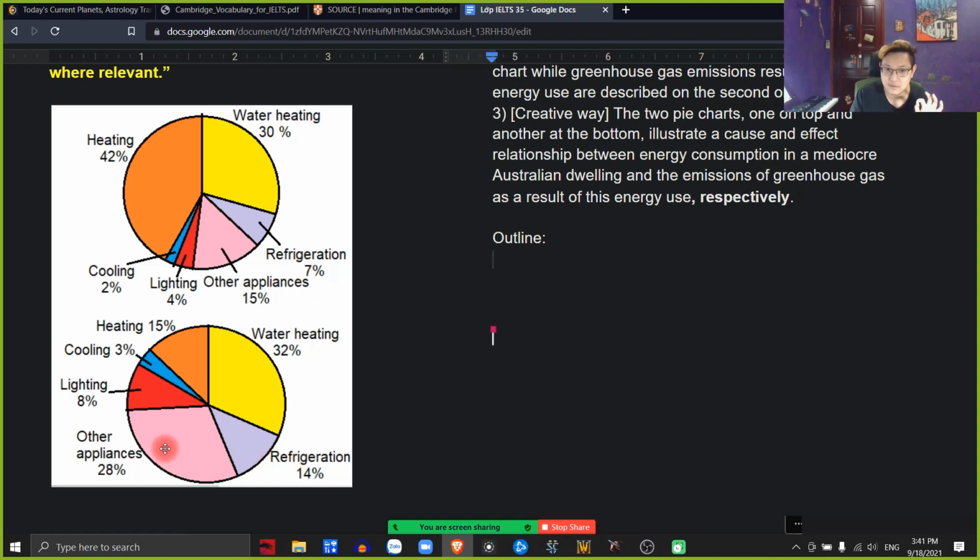Tức là cái refrigeration, other appliances và cái lighting, nó tiêu thụ một cái lượng điện không bao nhiêu, nhưng nó sản sinh ra cái lượng khí thải gấp đôi cái số đó. That is also something that you can mention. Try to be observant. Ráng cố gắng quan sát cho kỹ và phải so sánh, các bạn sẽ nhìn được nhiều thứ khác.